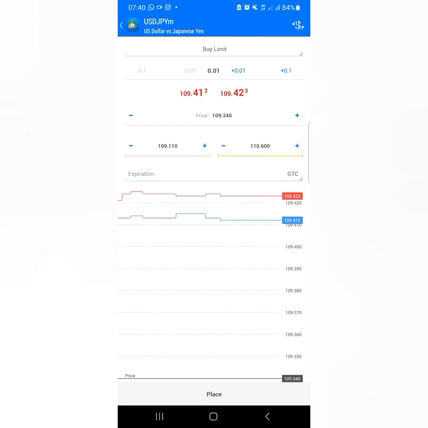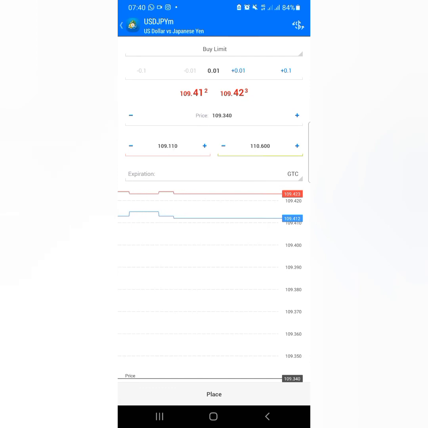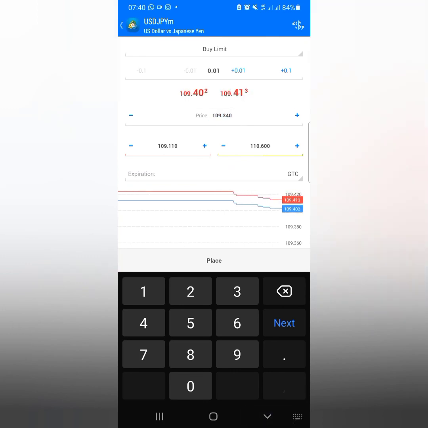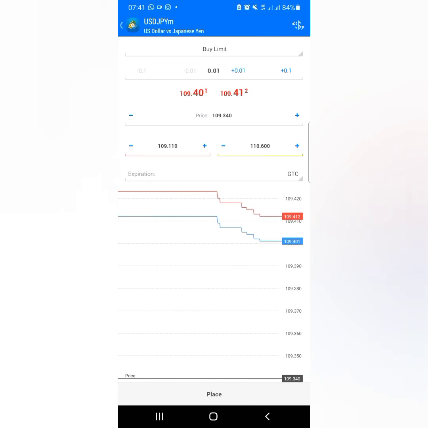If it was a buy stop order, the price would be below. Right now you can see the current price at 109.42, and the price at which you want to buy is 109.34. It's right here. So the current price is above, and you use a buy limit order.